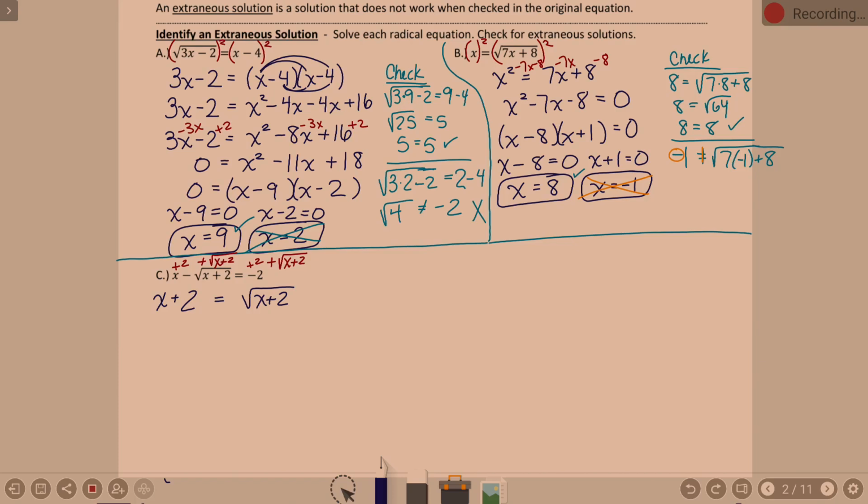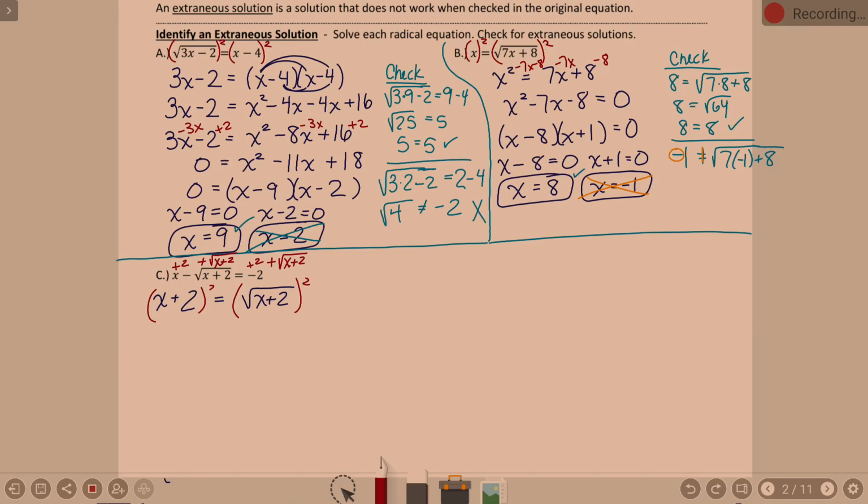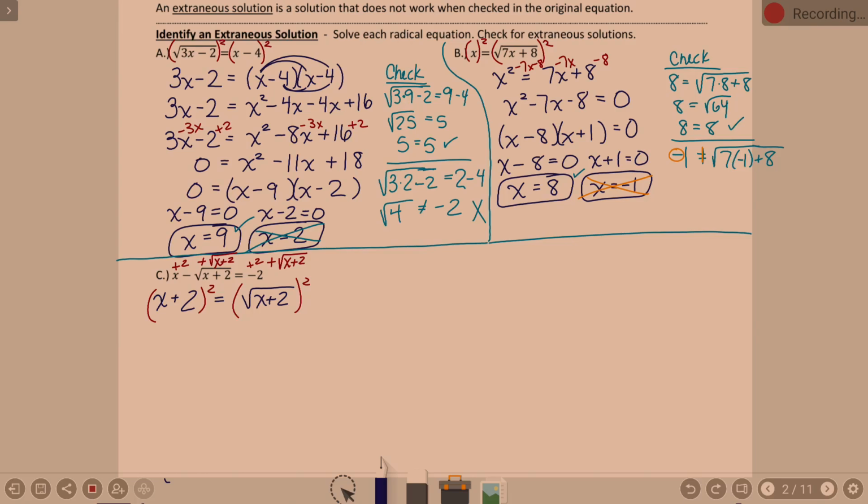Square. We're going to square both sides of the equation. What about x plus 2 squared on the left? You're going to have to FOIL, aren't you? We're going to have to do x plus 2 times x plus 2. Write that out if you need that FOIL reminder.